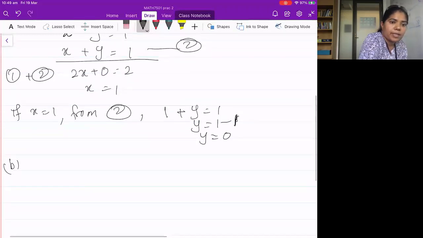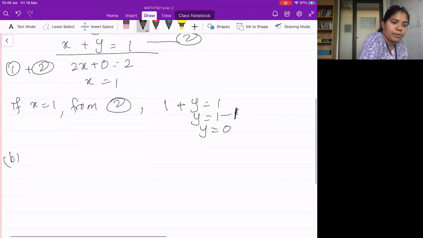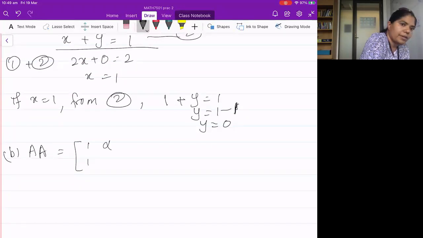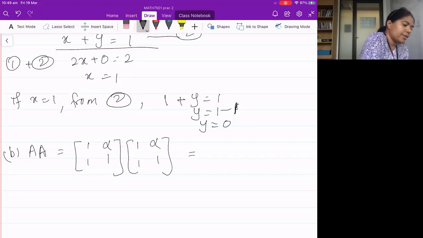Determine the product A times A. Determine the product A times B. A times A, for a general case, is [1, alpha; 1, alpha]... Okay, you can do row by column multiplications.